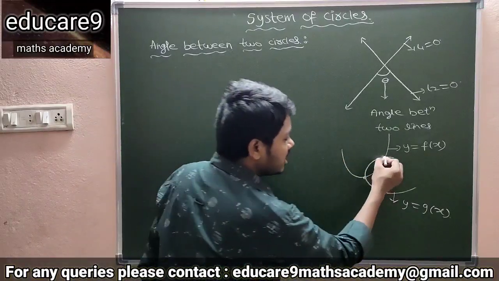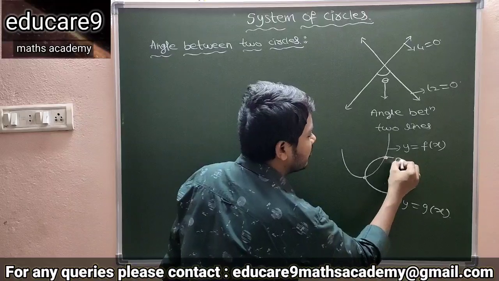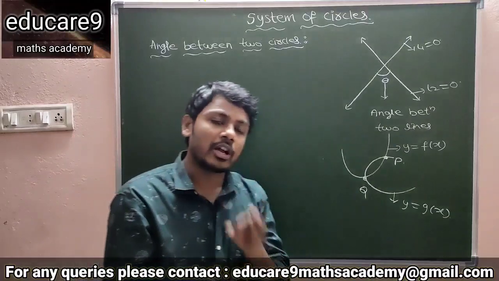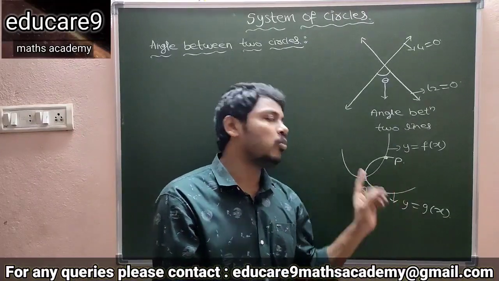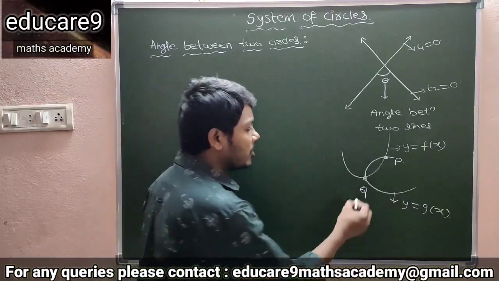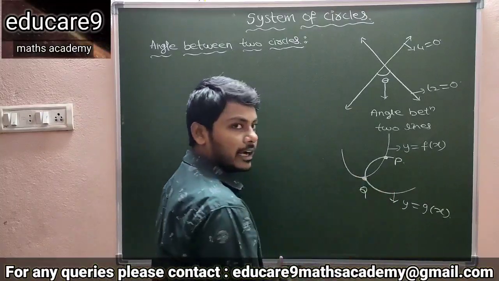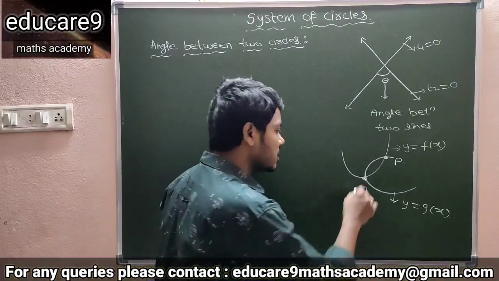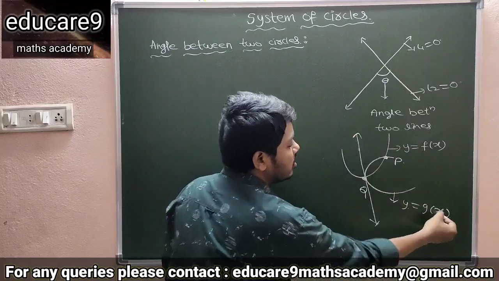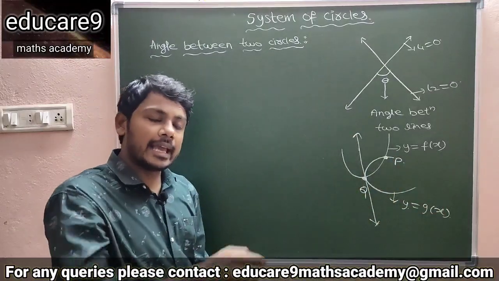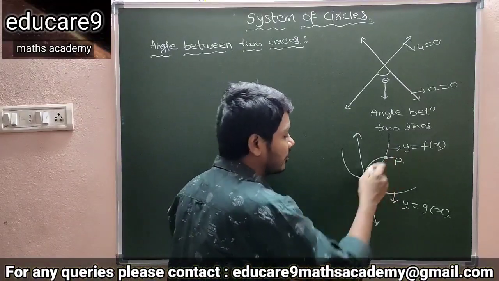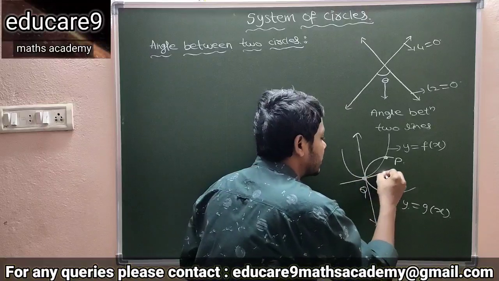Clearly these two curves have points of intersection, suppose P and Q. You have to draw the tangent line at a point of intersection, either P or Q. For example, draw the tangent at the point of intersection Q. This is the tangent to the curve y equals g of x. And again draw the tangent at this point to the curve y equals f of x. So this is another tangent.